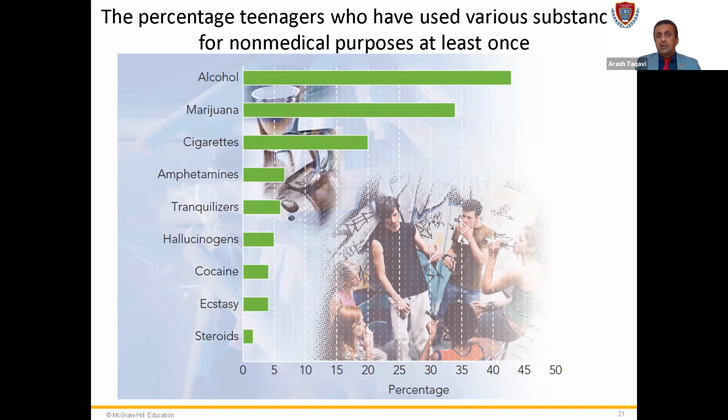Near 50%, half of the teenagers have used and experienced alcohol at least once, and after that marijuana and cigarettes. After that, amphetamine, tranquilizers, hallucinogens, cocaine, ecstasy, and steroids are little and little and little.